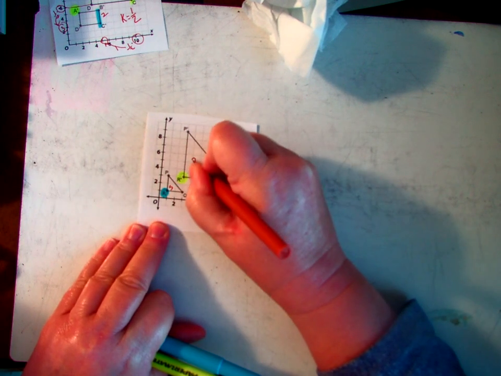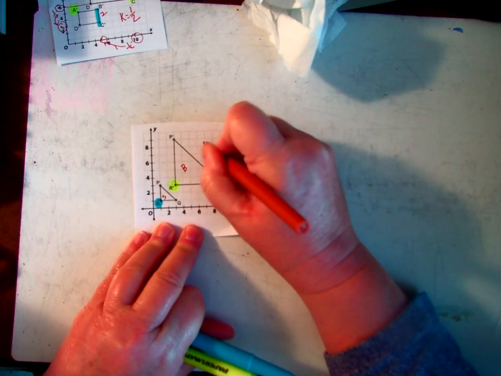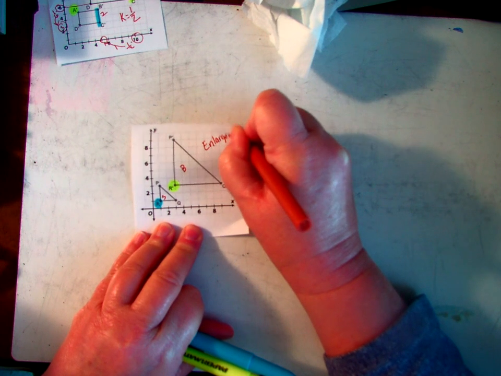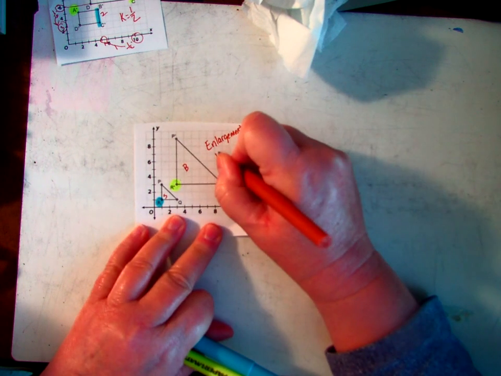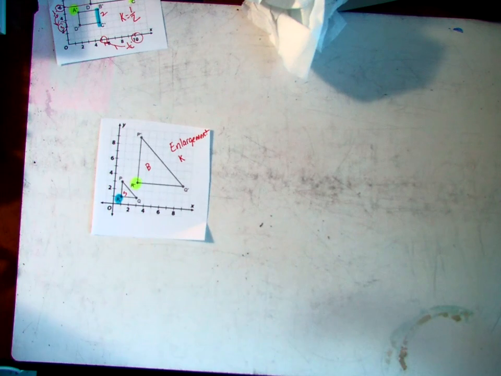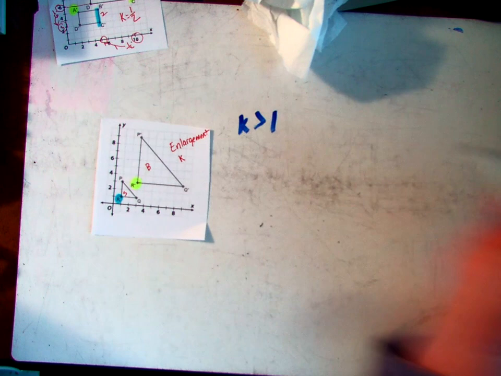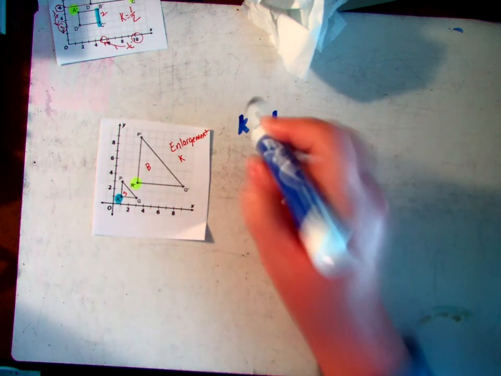It went to big because this is the prime, so this would be an enlargement. Let's find out what our K factor is. We know that if it's an enlargement, then K has to be greater than 1. So our answer in the end has to be bigger than 1.